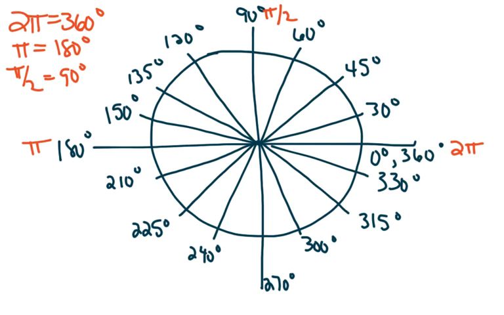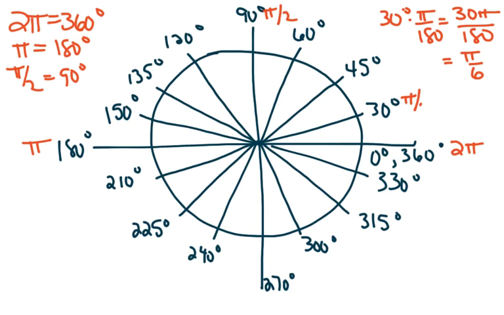So we're going to start with the multiples of 30 by converting 30 degrees into radians. I change 30 degrees into radians by multiplying by pi over 180. I get 30 pi over 180, and 30 over 180 reduces to 1 over 6.